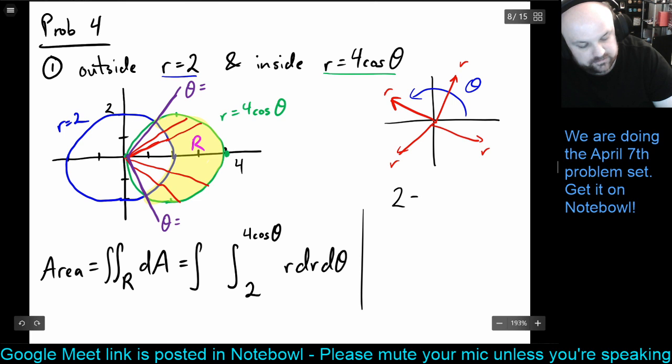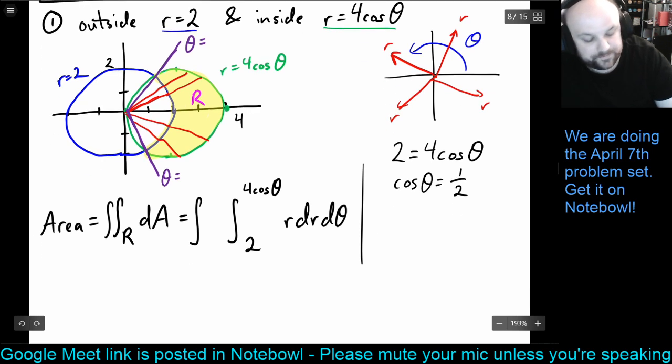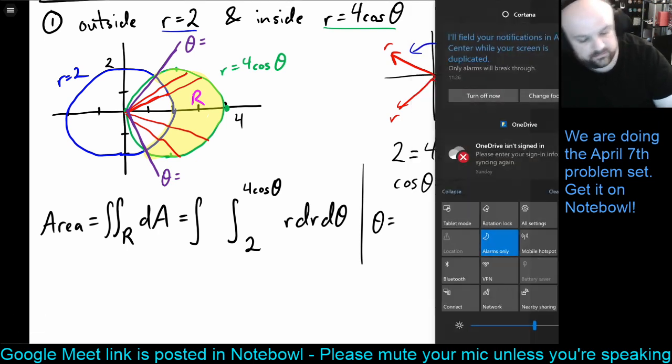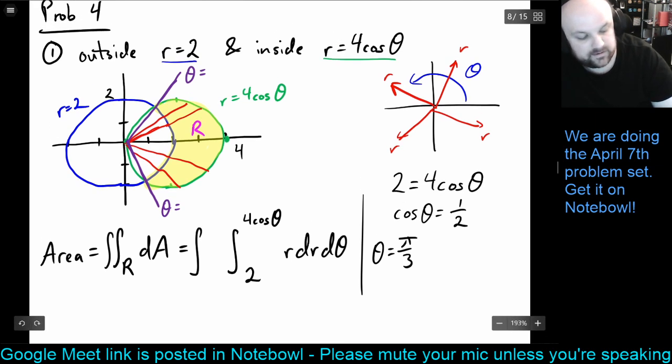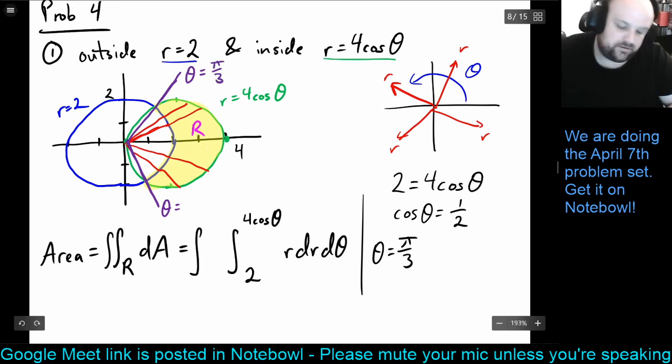So we have 2 equals 4 cosine theta, which means that cosine theta has to be 1/2. And let's look at some theta values for this. Cosine of theta equals 1/2 at pi over 3. This up here looks an awful lot like pi over 3. So we'll use that.